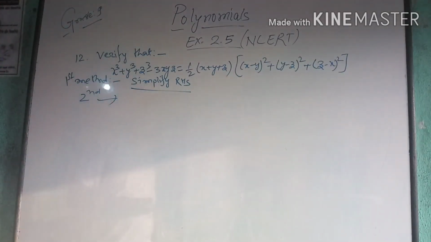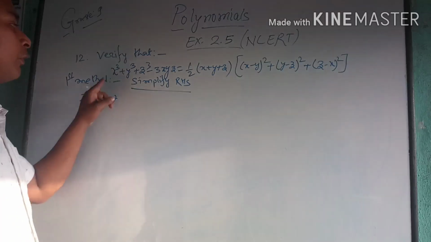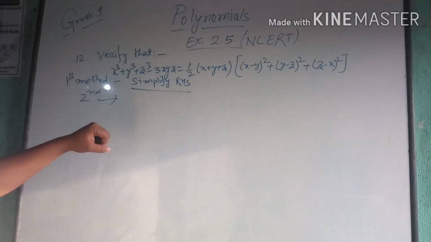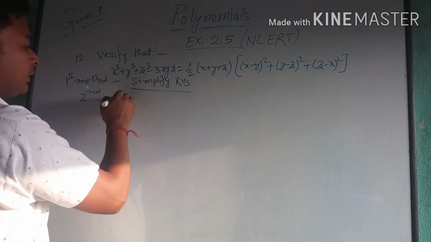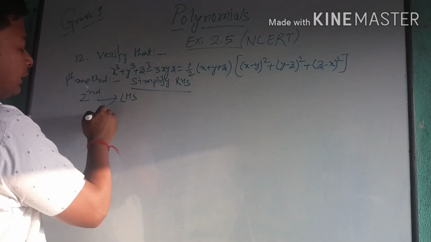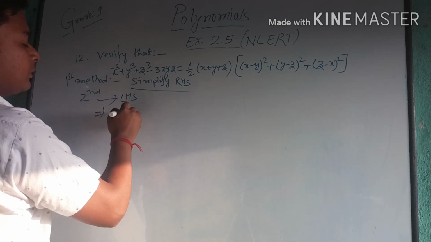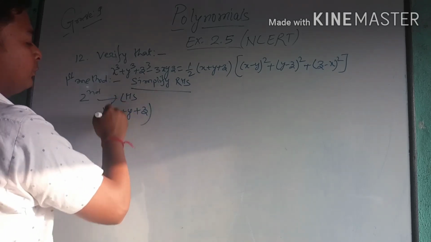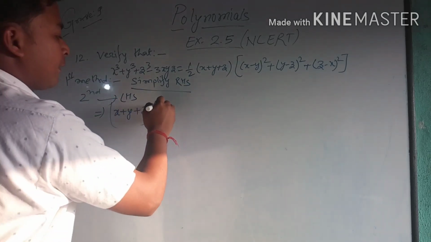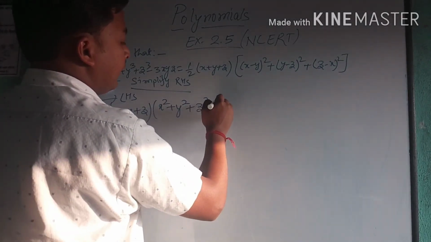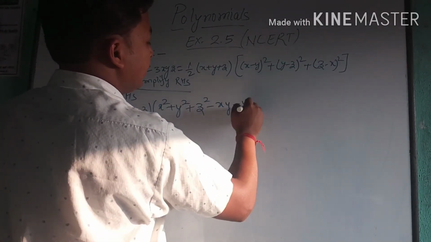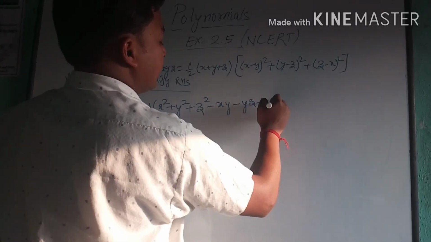Right now in the previous question we have learned that there is a formula for this. Given x cube plus y cube plus z cube minus 3xyz as the LHS, it can be written as x plus y plus z into x square plus y square plus z square minus xy minus yz minus zx.